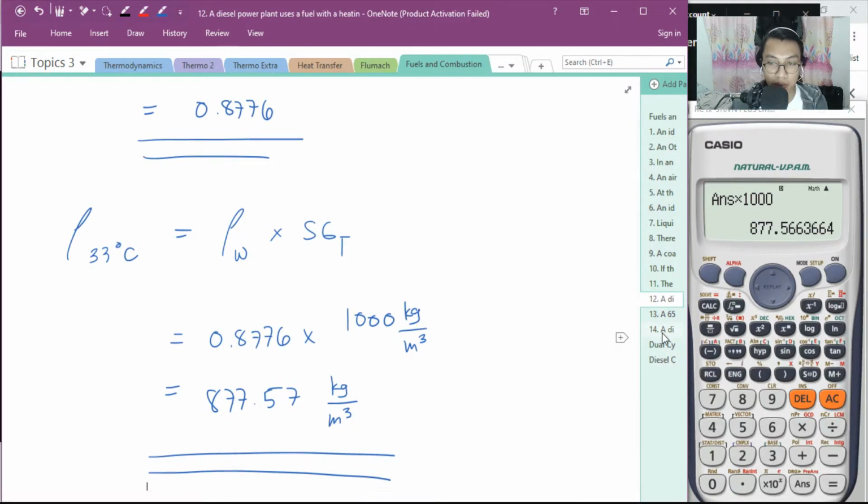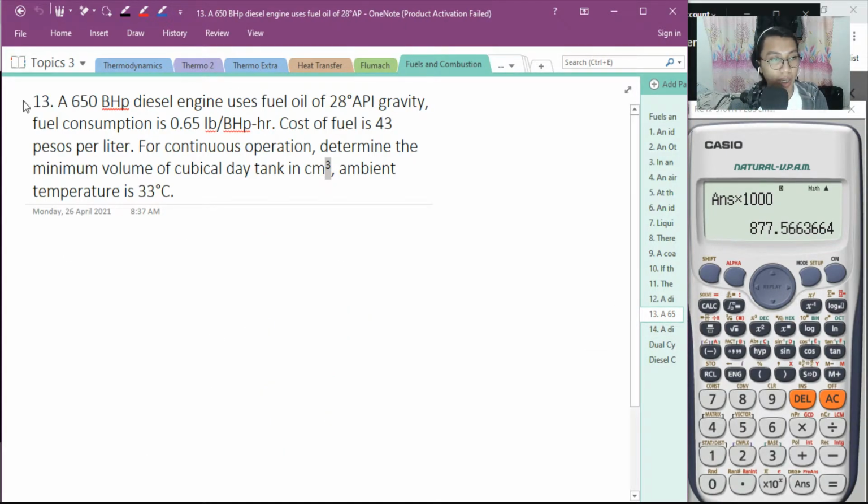Okay, let us go to problem number 13. A 650 brake horsepower diesel engine uses fuel oil at 28 degree API.